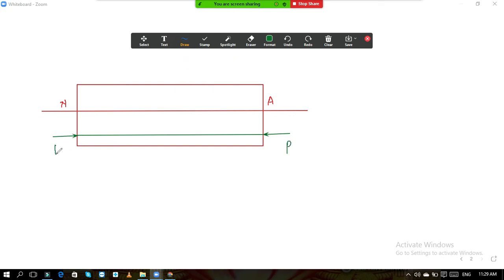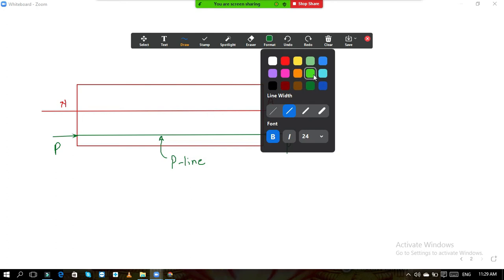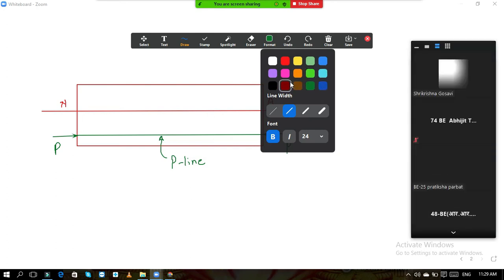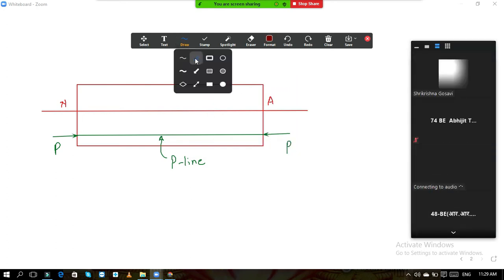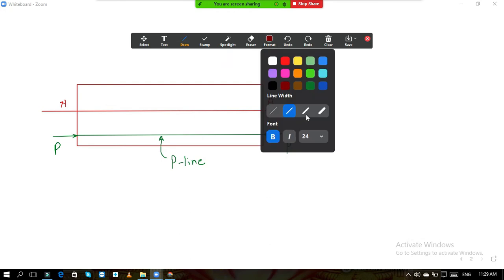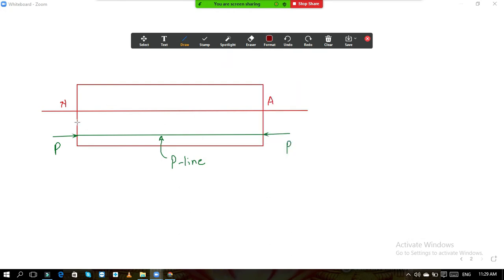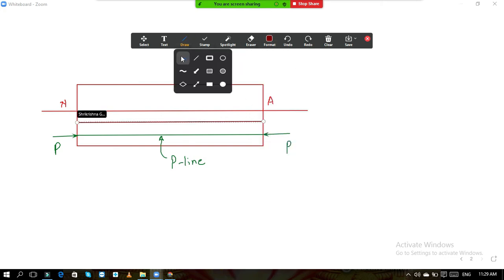P is the force, the tendon line, which actually exists. And suppose the position of the C line, our imaginary line, is somewhere here. This is the C line.